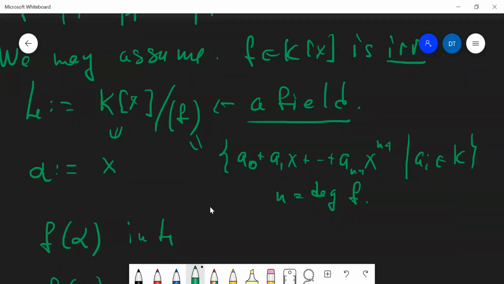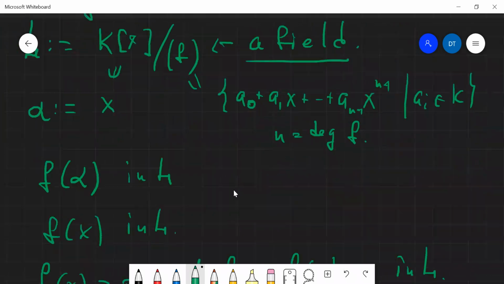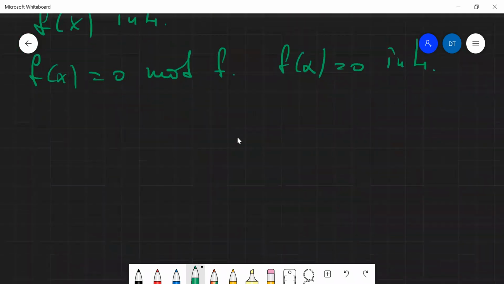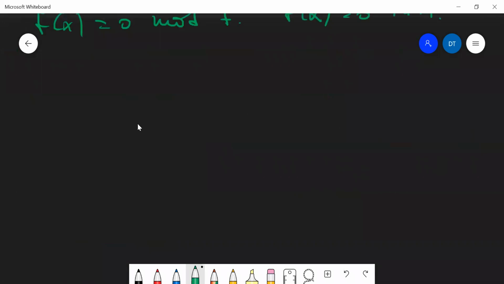Are there any questions regarding this procedure? Okay, probably, yeah, let me show you an example. So how did we define the field of complex numbers?